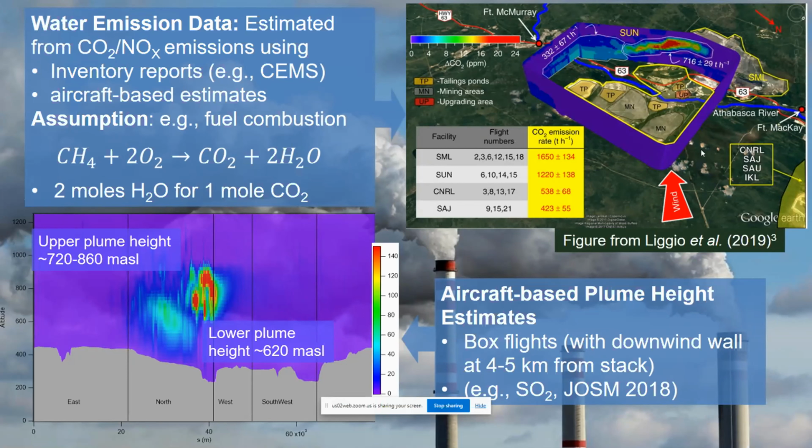So for example, if you have an estimate for emission rates of the CO2, using some assumptions like the fuel combustion equation you can see here, you can estimate the amount of water that was also released from these sources.